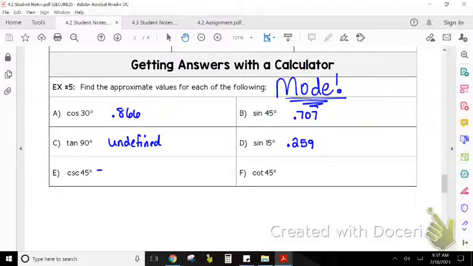Since cosecant is a reciprocal of sine, this is the same as 1 over sine of 45 degrees. So as long as you're in degree mode, just type in 1 divided by sine of 45 degrees, and it's going to tell you approximately 1.414. And then cotangent is a reciprocal of tangent, so we're going to type in 1 over tangent of 45 degrees, and it's going to tell us 1.